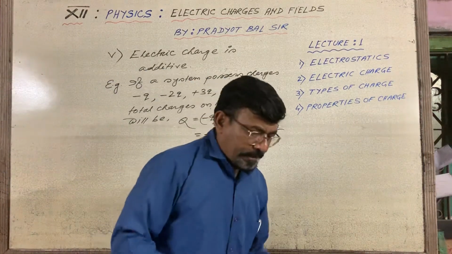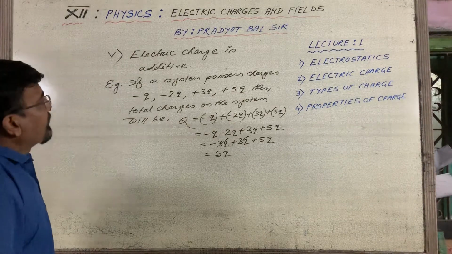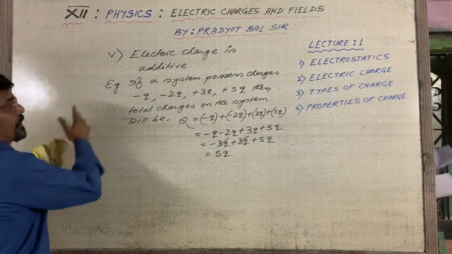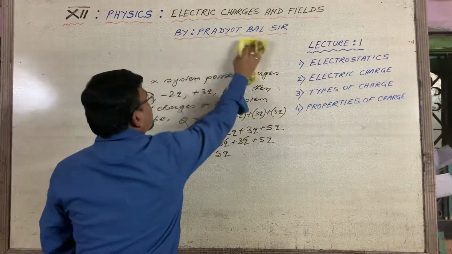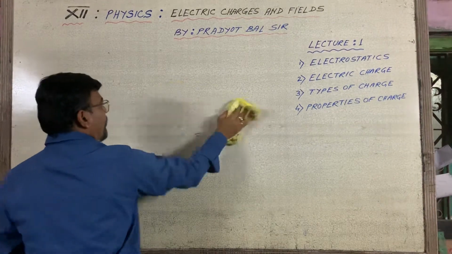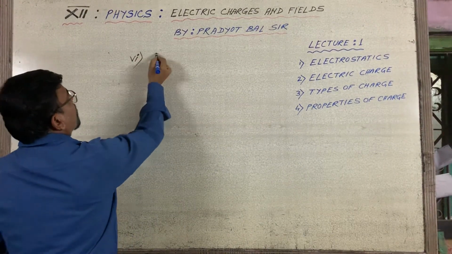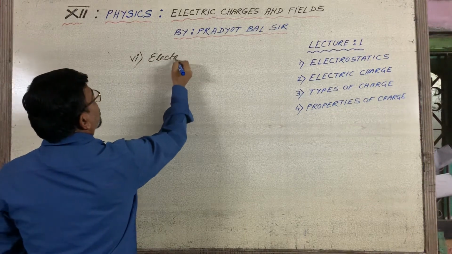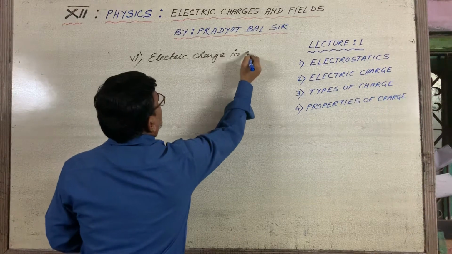Okay. Next. Property number 5 was done, and now the last property, property number 6: electric charge is conserved.